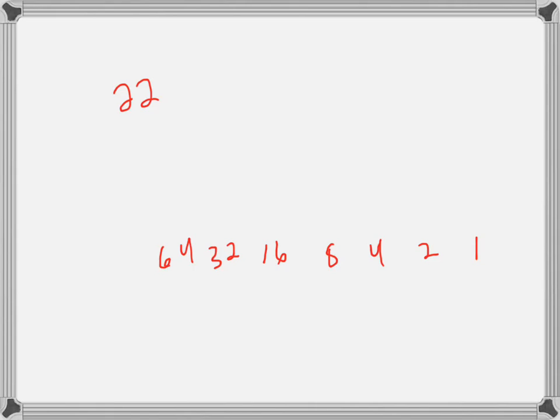You can go as far as you need to go, but I don't need to go this far because my decimal number is 22. So really what I do is I try to figure out which is the first number that falls into 22, and that's of course a 16, right? So I can put a 1 in the 16 spot. What's in the 64 spot? Well, they're all zeros all the way out here. So really I can start with the 16 spot. I can put a 1 in there.